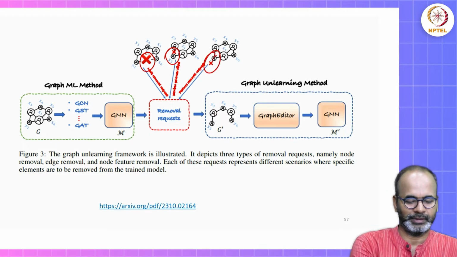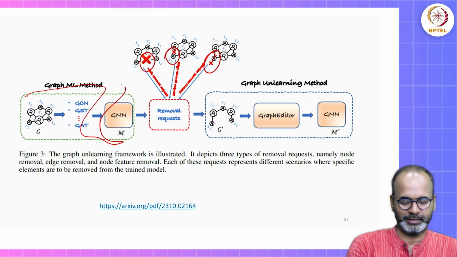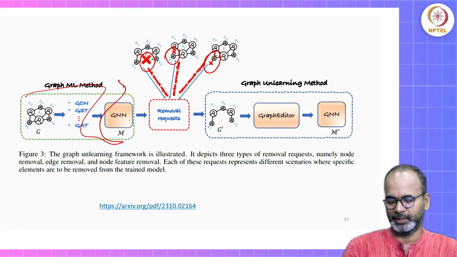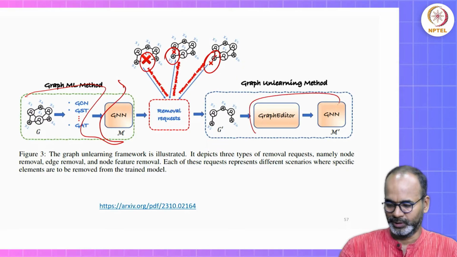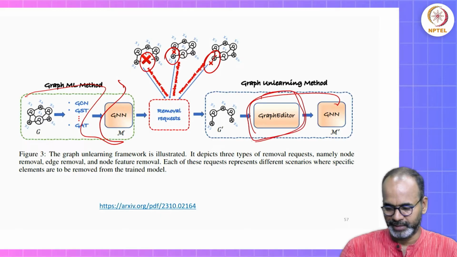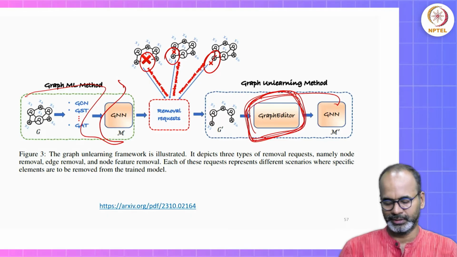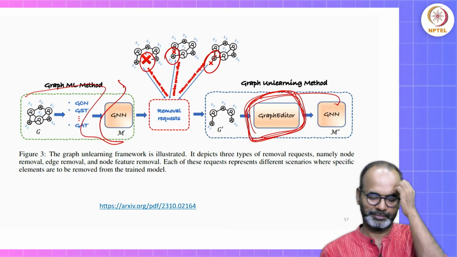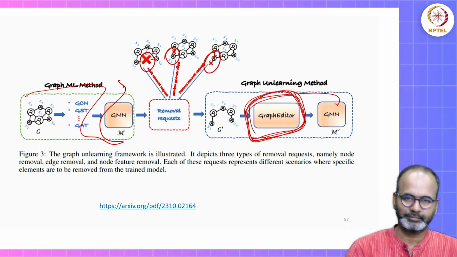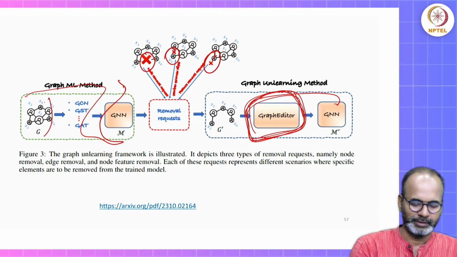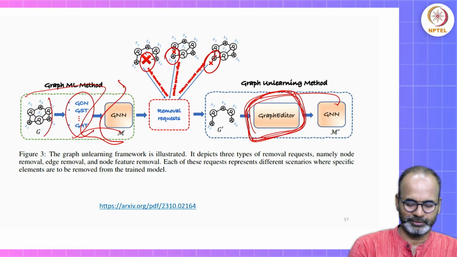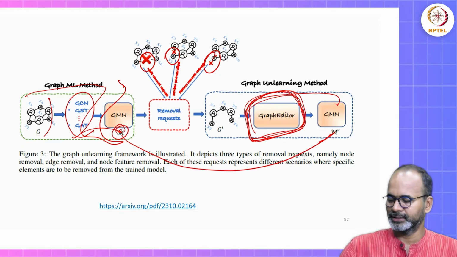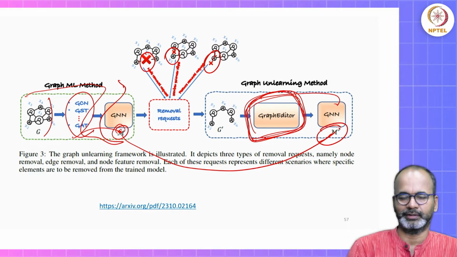Right? Graph ML methods. These are here. GNN, GCN, and all that we spoke. And then we'll just look at what are the different types of methods you can use in the next slide. But graph unlearning methods, there are different methods to do the unlearning, and then you get the output. You get M, and then you get M dash, which is the unlearned model.